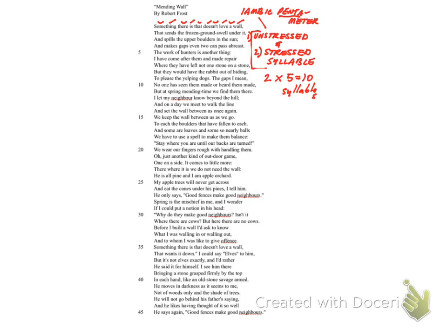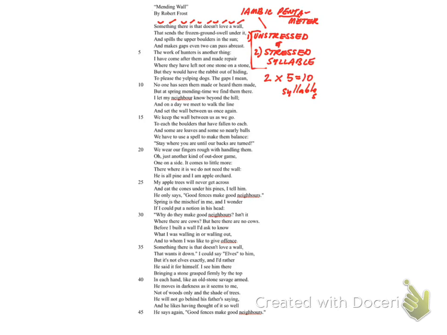And figuring out what's stressed and unstressed can be difficult, and it has a lot to do with how we pronounce certain things. And sometimes iambic pentameter is not perfect, okay? But we do see 10 syllables here.